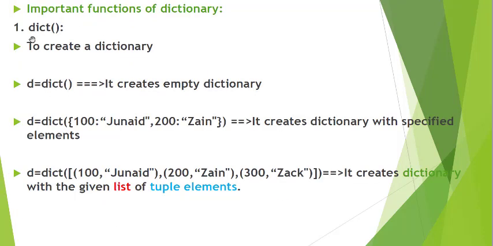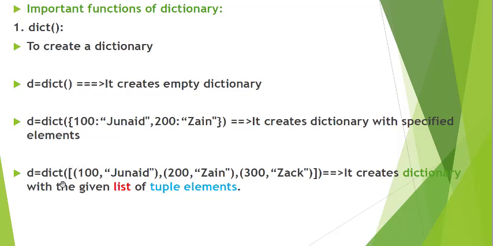Now, these are the important functions of the dictionary. Like dict creates a dictionary. So we could say d equals dict() to create an empty dictionary, or you can use key value pairs and it creates a dictionary with the specified elements. You say d equals dict with 100 Junaid, 200 Zain, 300 Zach, and it creates a dictionary with the given list of tuple elements.